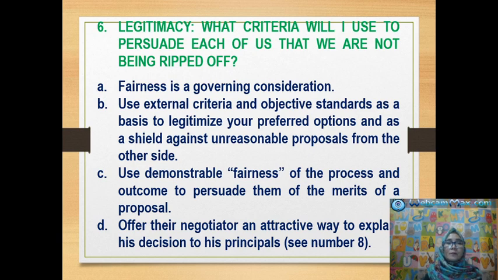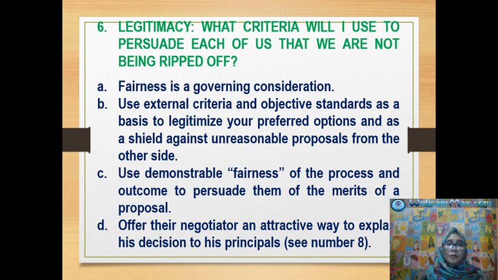Next. Seek legitimacy. What criteria will I use to persuade each of us that we are not being ripped off? A. Fairness is a governing consideration. B. Use external criteria and objective standards as a basis to legitimize your preferred option and as a shield against unreasonable proposals from the other side.